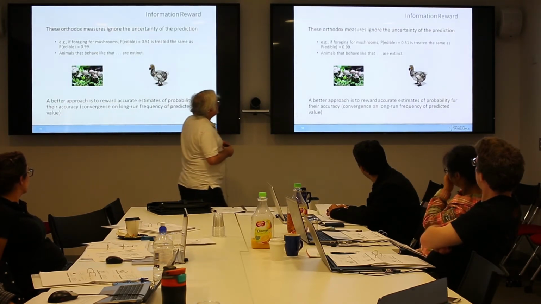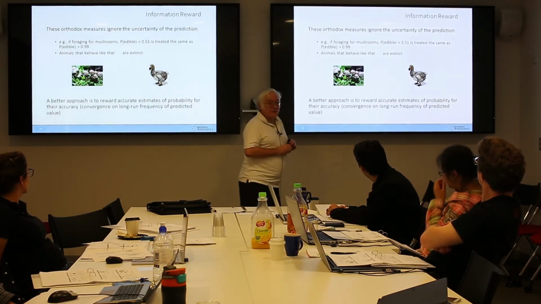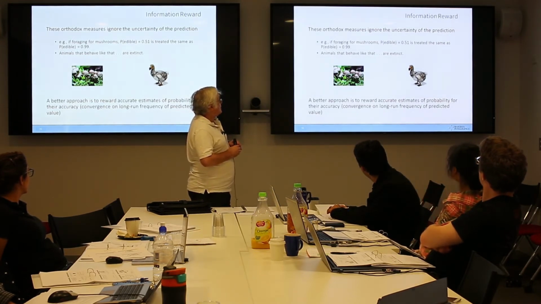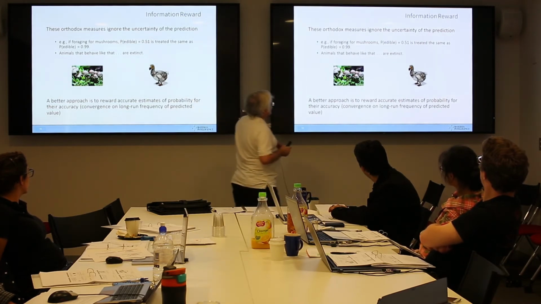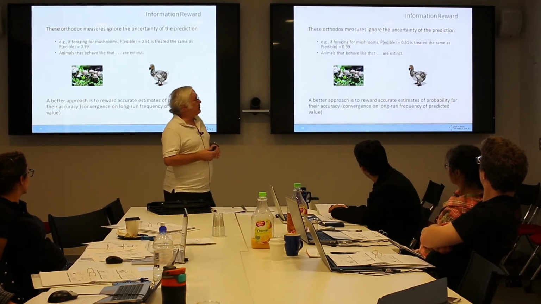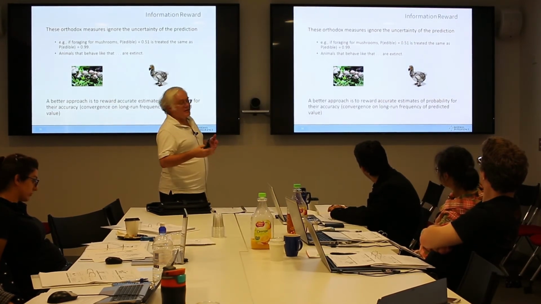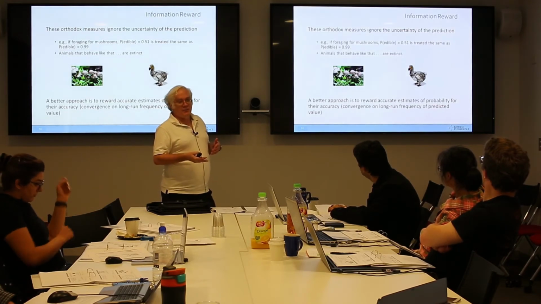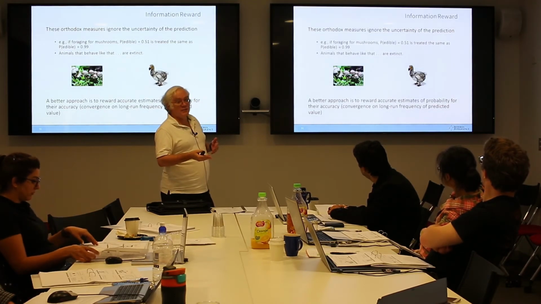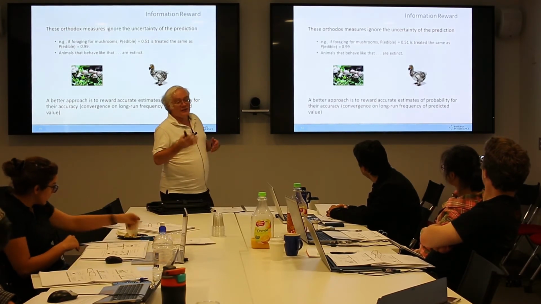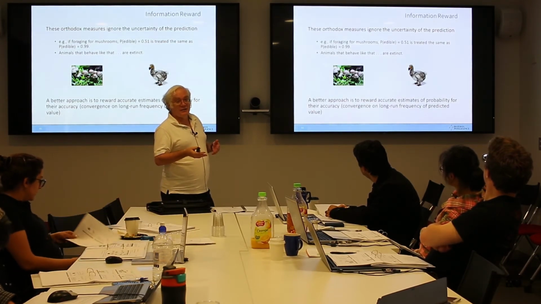So this slide is meant to point out that predictive accuracy isn't the golden standard. It's not the perfect standard. For example, in the procedure I mentioned, if you have a model for predicting edibility of mushrooms, it'll count as a win if it gets a 0.51 probability of edibility and it is edible, and it'll get the same value for 0.99 and it's edible.